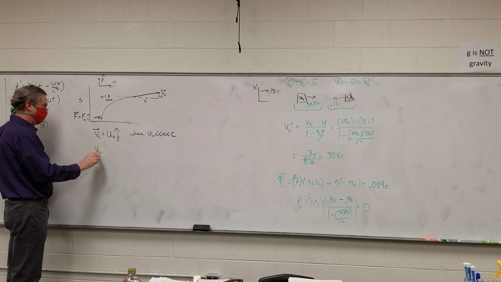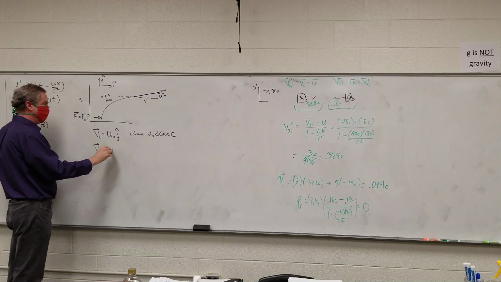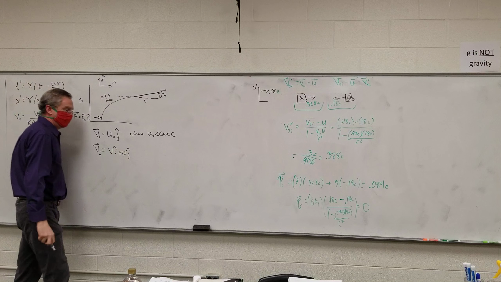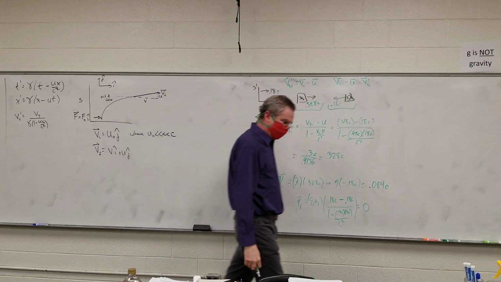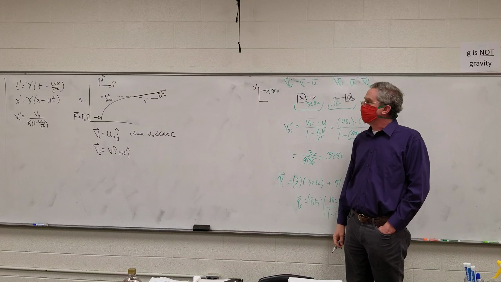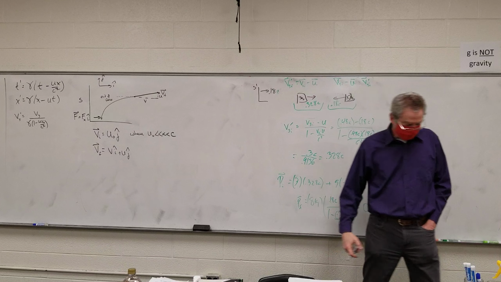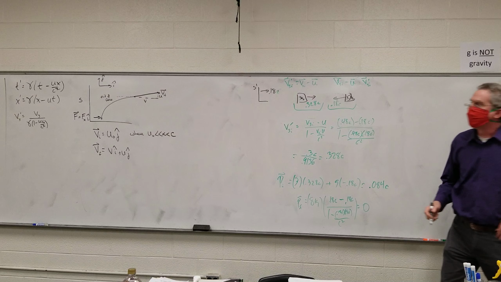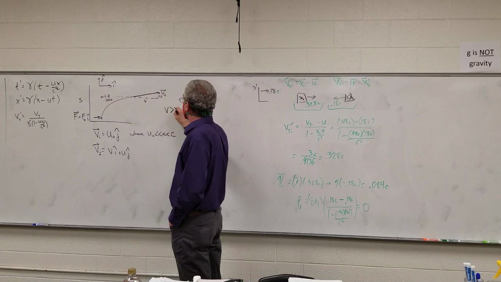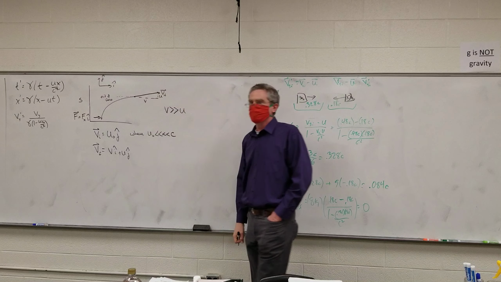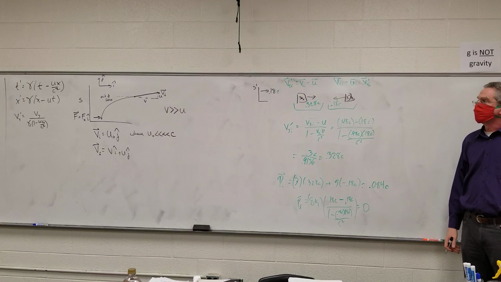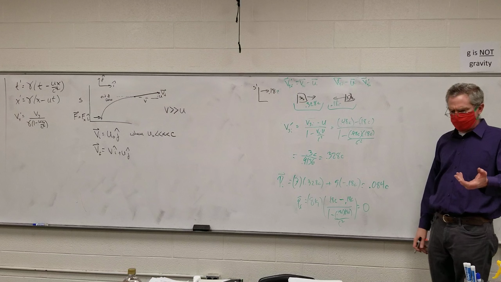So V final is v i hat plus u j hat. Not drawn to scale necessarily. And also assume that the force is applied enough so that v is much greater than u, so it's almost dominated by this x direction. What's the relationship between force and momentum?